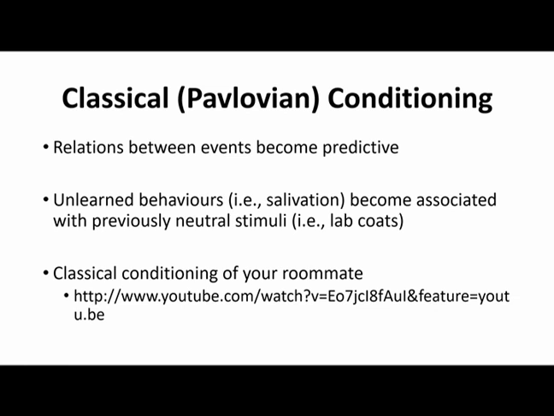That previously neutral stimulus becomes a conditioned stimulus that you've learned to associate with the unconditioned stimulus, leading the conditioned stimulus to produce the same kind of response as your unconditioned stimulus would.